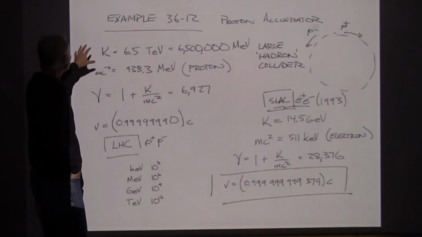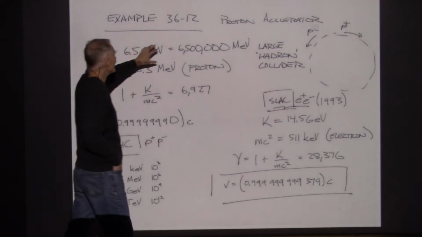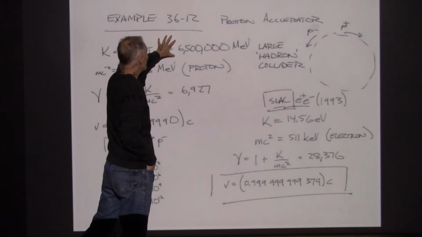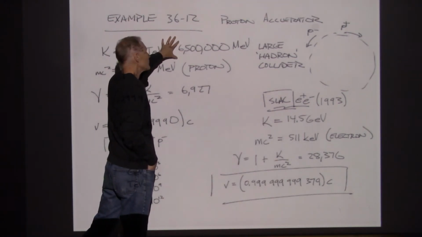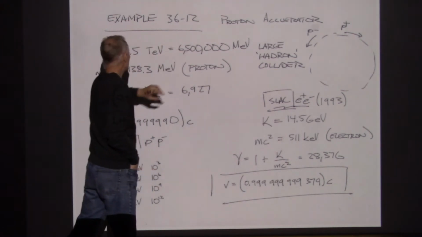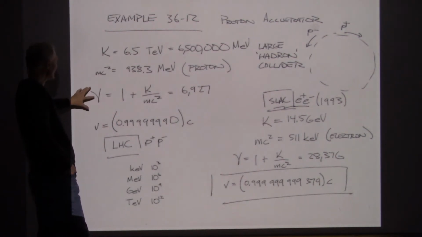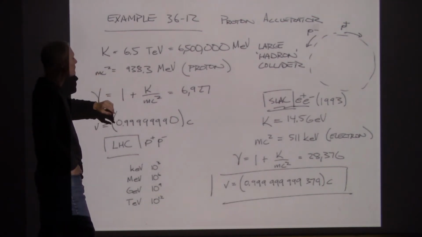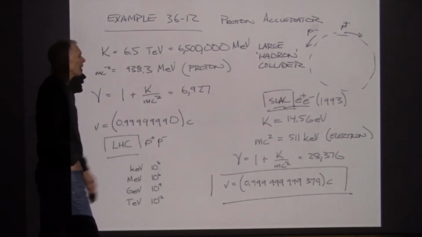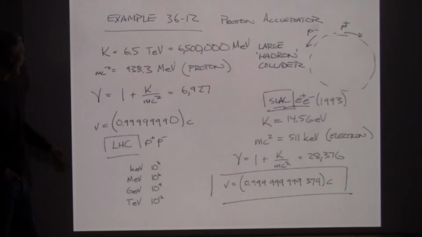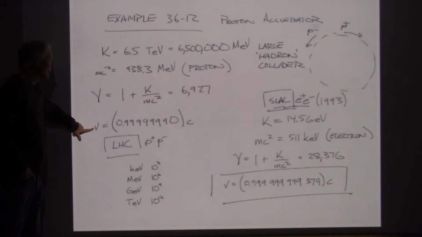Now, with this much kinetic energy, you can see the kinetic energy is much larger: 6.5 million MeV compared with about 900 MeV. The gamma factor for this, plugging numbers into this formula, becomes 6,927. And when we solve for v, maybe try this in your calculator. Maybe it will work.